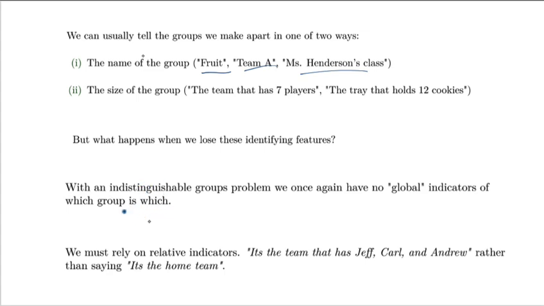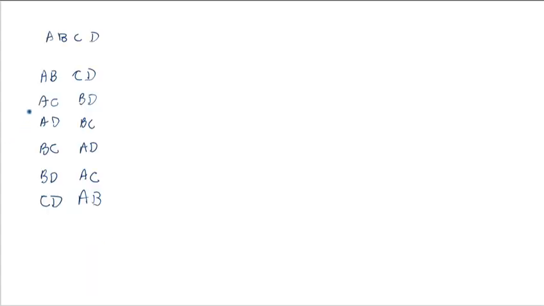I'll give you a practical example so that we can understand that. Ultimately, we will have to correct our formula for groupings, for multinomial groupings, and even binomial groupings when we can't identify groups. So let's say that you have 4 people.